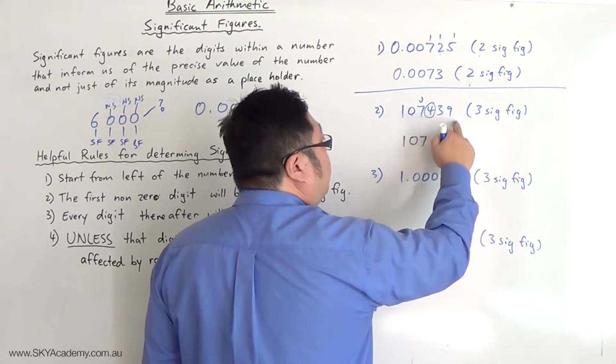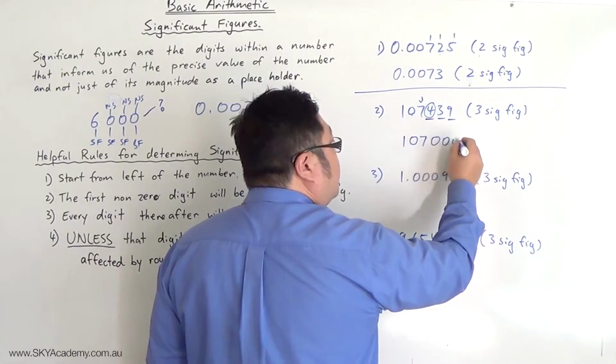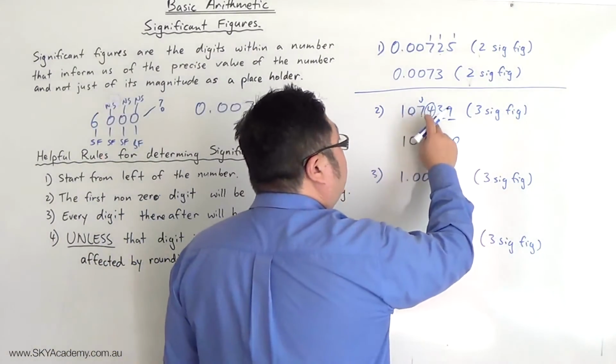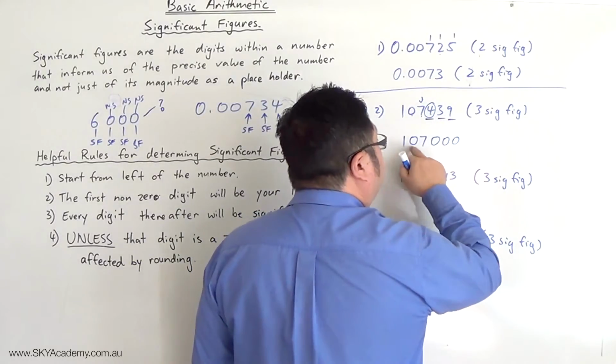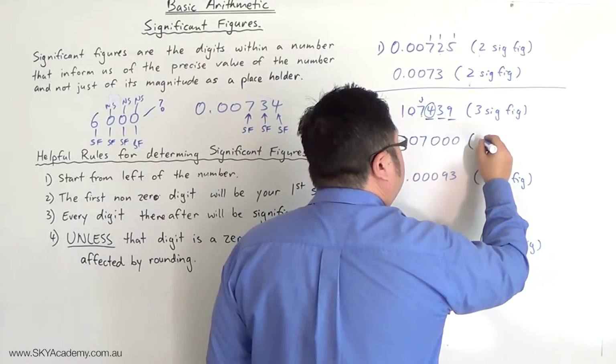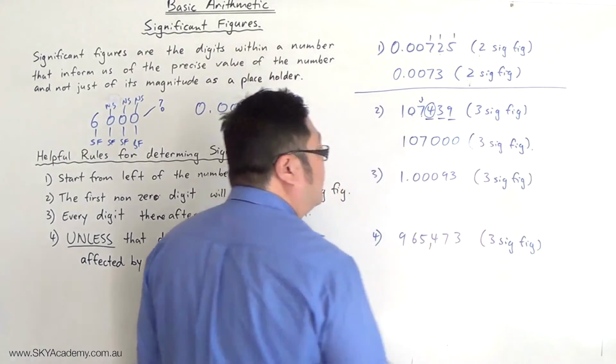Everything else will be a placeholder. So we've got 1, 2, 3 digits as placeholders. They will become 0. Okay, so our answer 107439 will be 107000 in 3 significant figures.